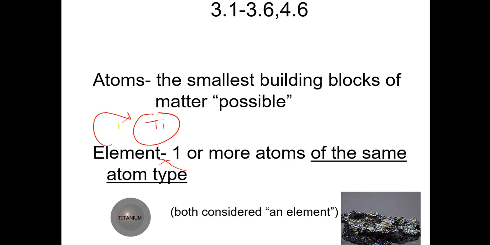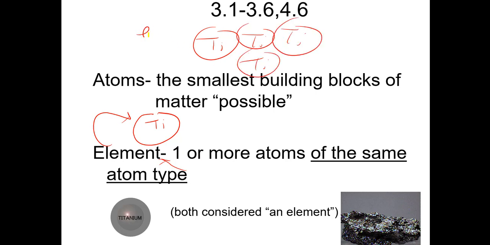Now the word element is like the word sheep. So just as I could say there are 5 sheep over there, or there is only 1 sheep, it's what's called a collective noun. You could have 4 particles here, and it's all considered an element. On the other hand, you could have 6.02 times 10 to the 23rd particles, but it's all considered the same element.